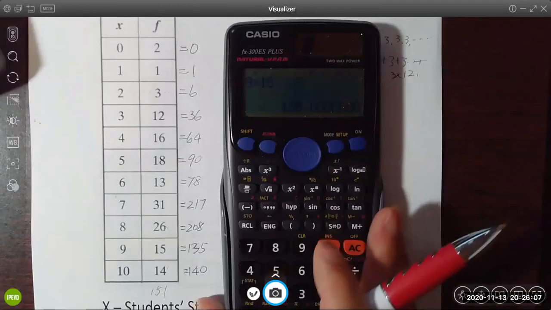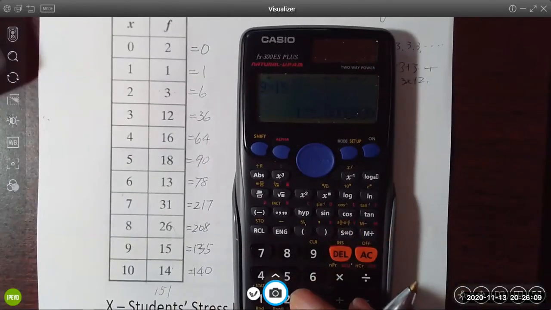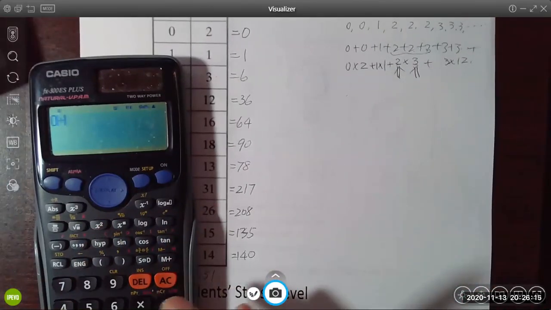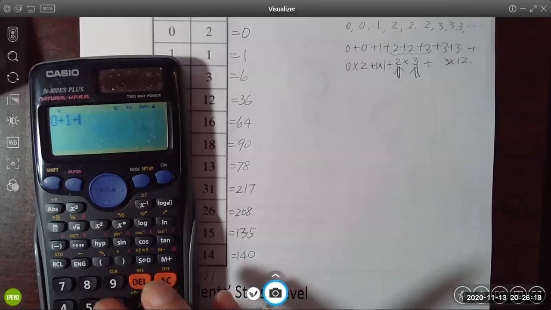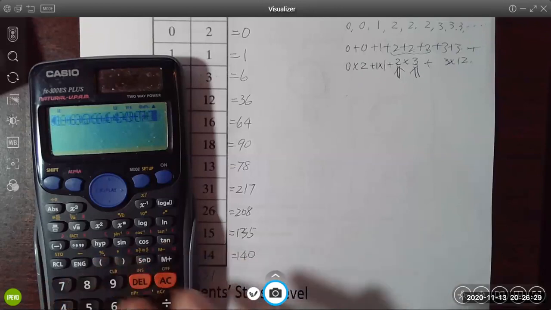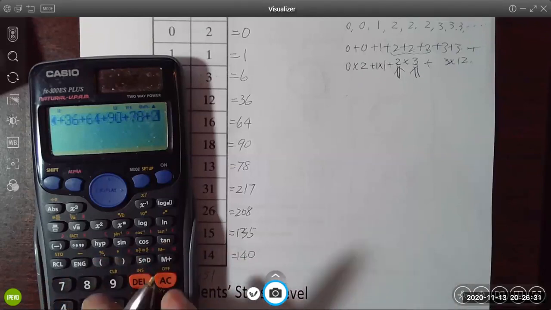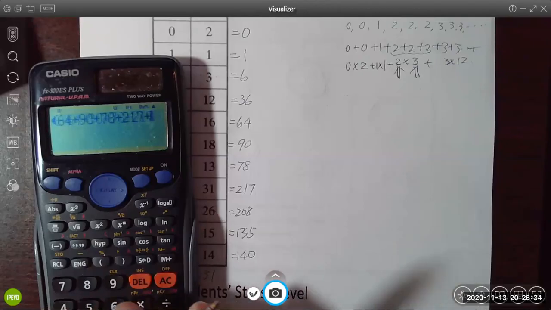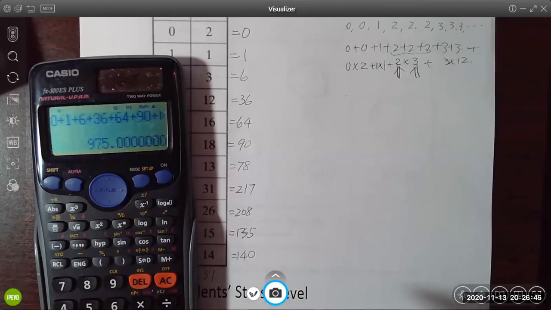So let's do that, so that you can see it. 0 plus 1 plus 6 plus 36 plus 64 plus 90 plus 78 plus 217 plus 208 plus 135 plus 140 equals 975.